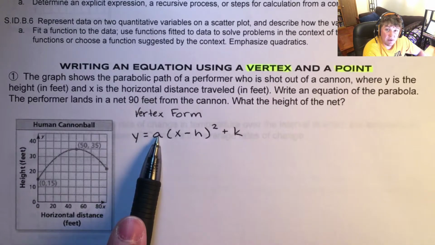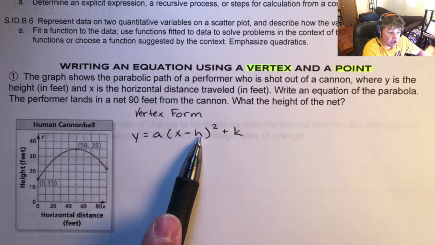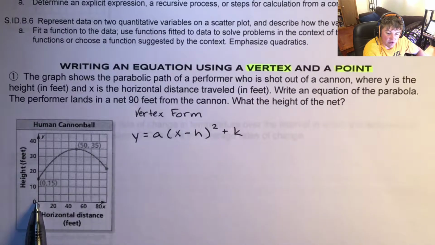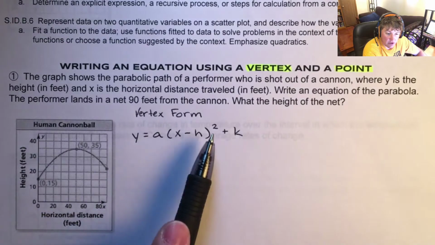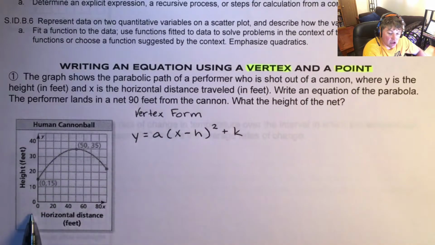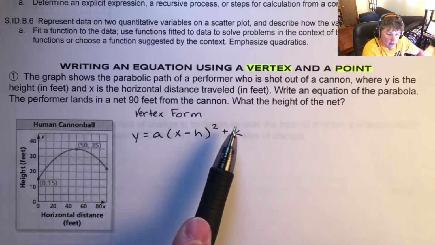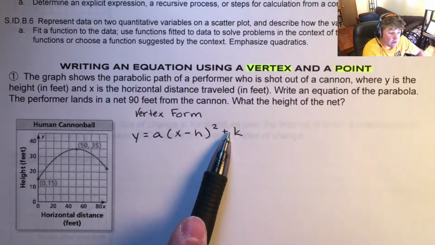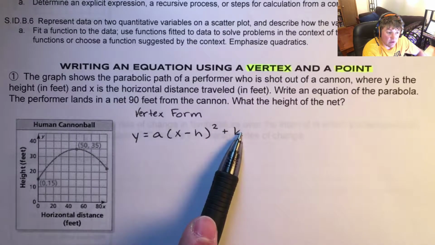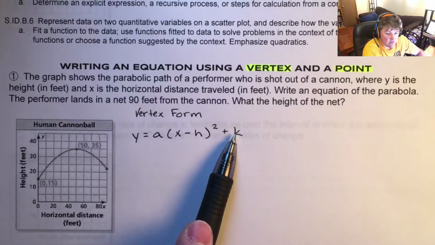It also tells me the width, like whether it's a narrow parabola or a wider parabola. h shifts the vertex from (0, 0) right and left only. When h is negative, it moves left, and when h is positive, it moves right. Then k moves the vertex vertically. If it's negative, it moves down. If it's positive, it moves up.